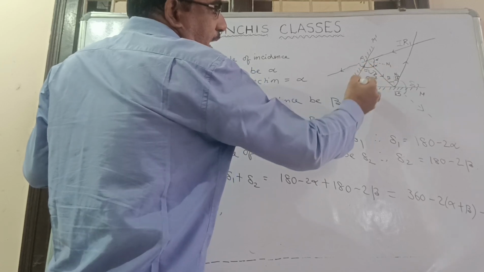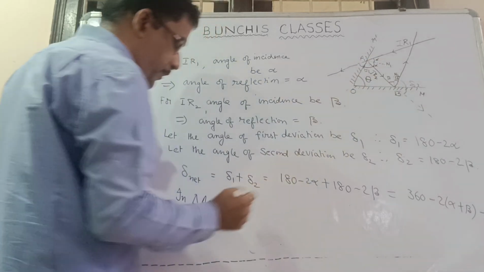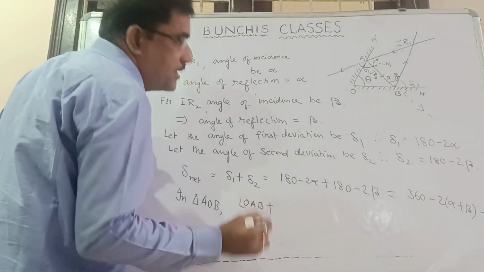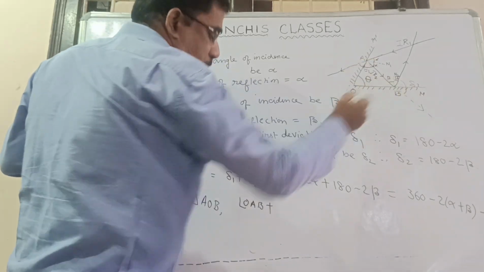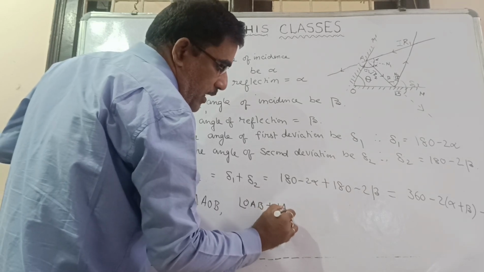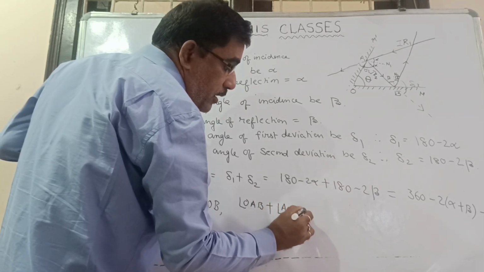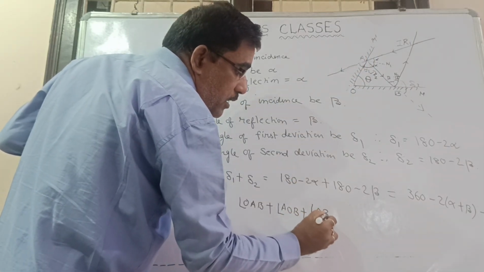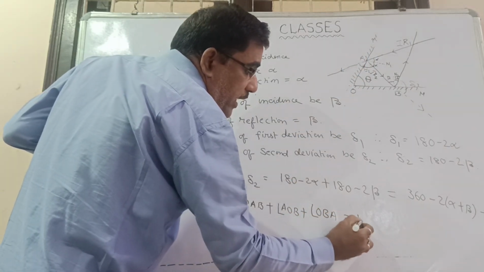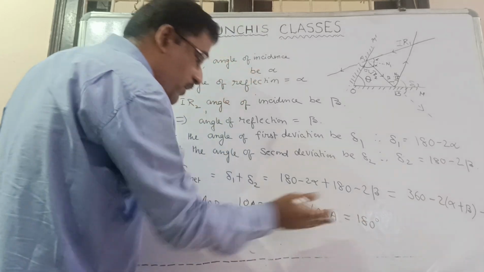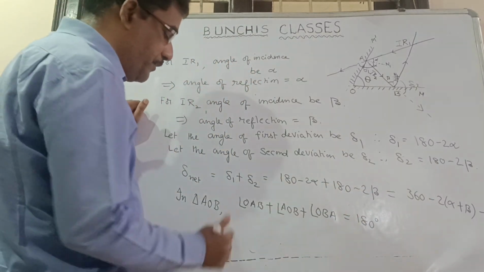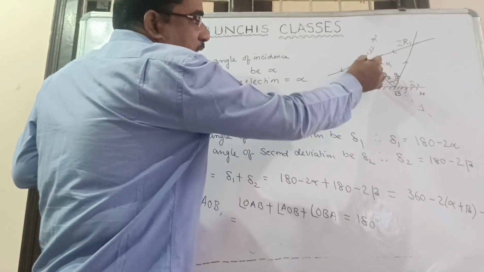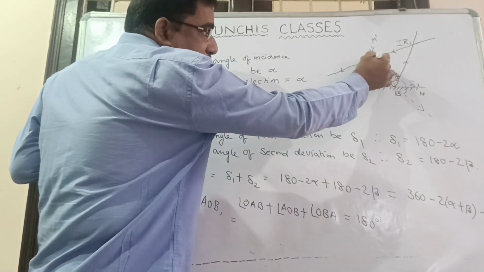In triangle AOB, angle OAB plus angle AOB plus angle OBA is equal to 180 degrees. We know the sum of the 3 angles in a triangle. Then what is angle OAB? OAB is 90 minus alpha.